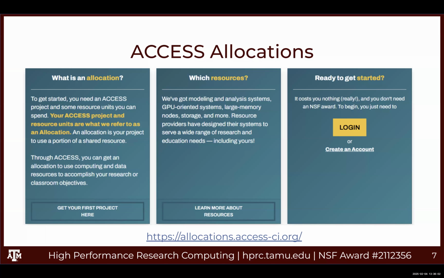And then, are you ready to get started? Well, where you want to start is over there to the right, where it says ready to get started. You might want to explore some of these other things. We're going to talk about those, but to actually get in the beginning, you have to create an account there. And so you've done that already, but that's where you go to get your account.